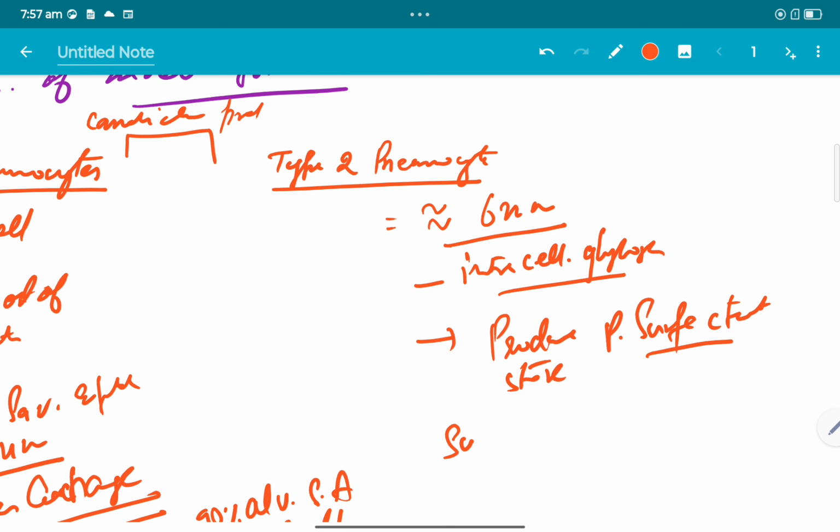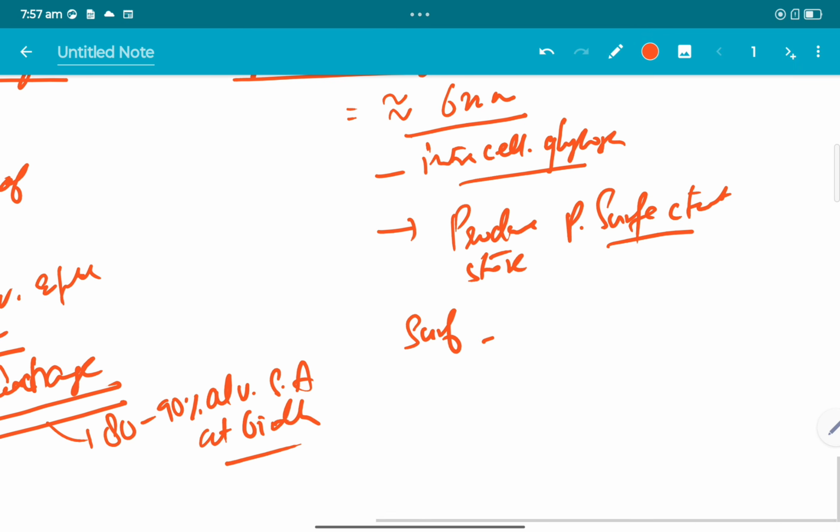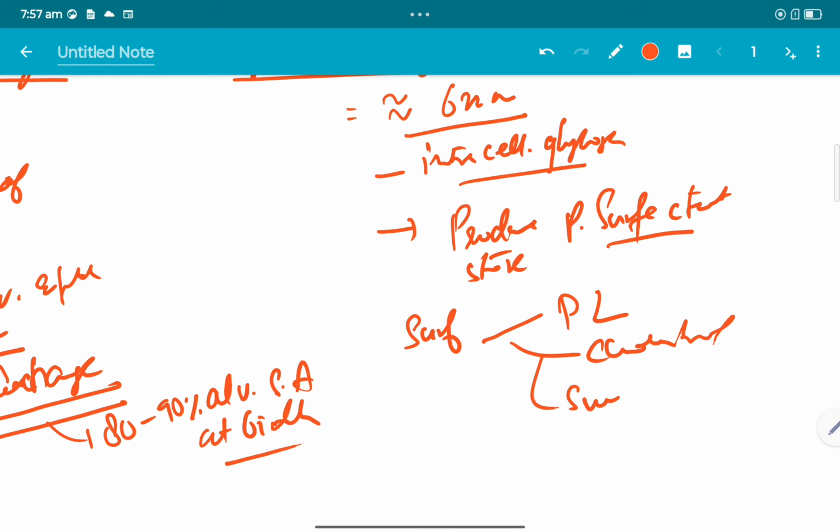So what is surfactant made up of? It is made up of phospholipid, cholesterol, surfactant protein which is A, B, C, D and the surfactant protein which is hydrophobic is B and C. B and C are hydrophobic surfactant proteins.